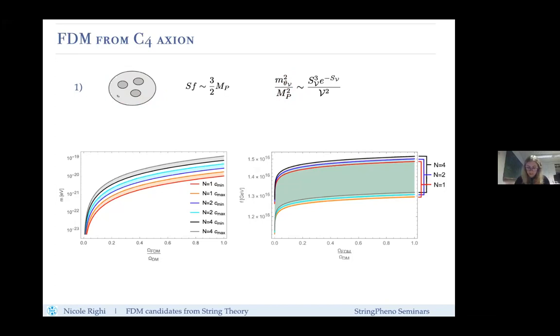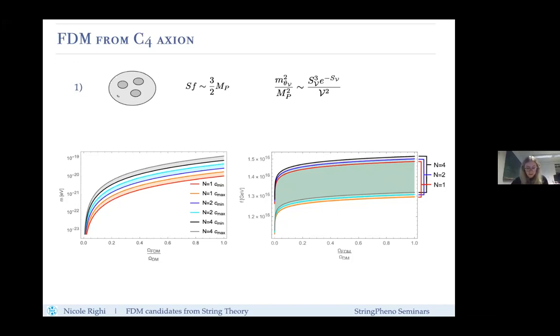We allow them to vary in a very huge range. And here I'm plotting the abundance of fuzzy dark matter with respect to the mass of my particle. And as you can see, we get quite sharp predictions, both for the mass, but in particular for the decay constant. And this is quite surprising because really all the free parameters are varying a lot.